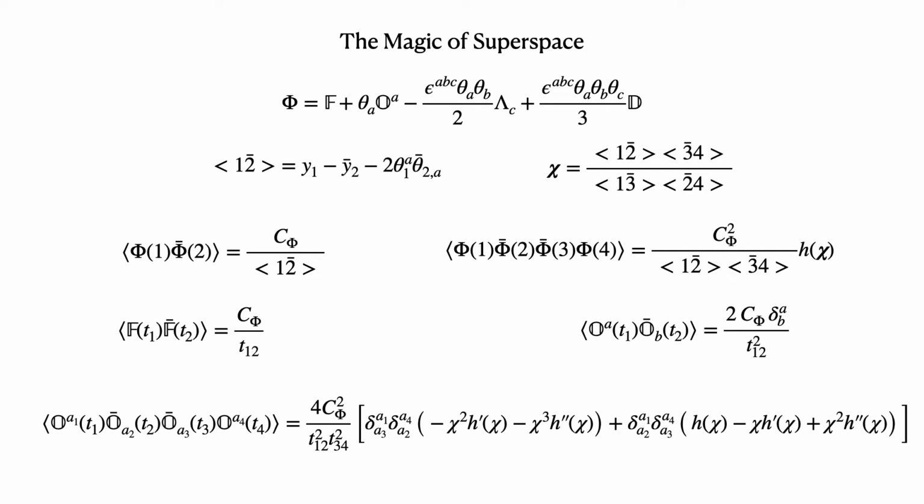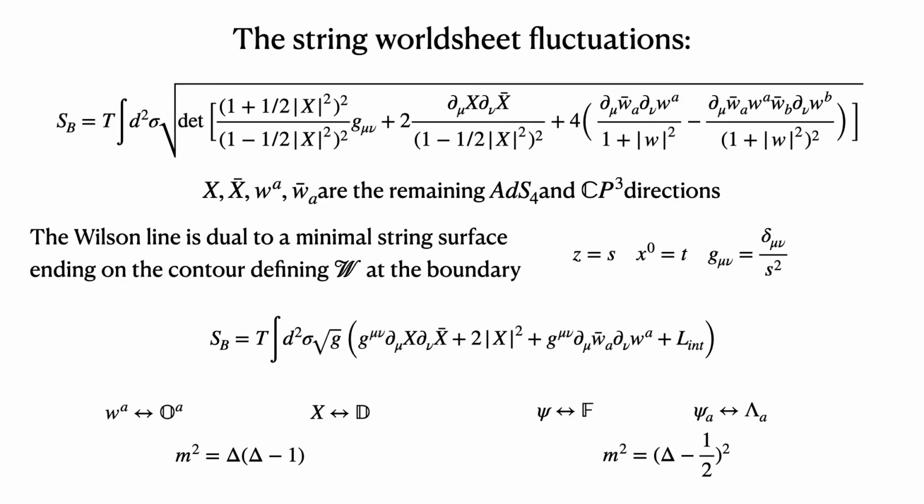So for the concrete calculations, I'll be presenting the ones that we did on the worldsheet side, on the AdS side. We use a gauge-fixed action that's expanded around the minimal surface.